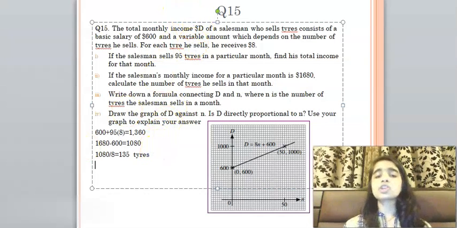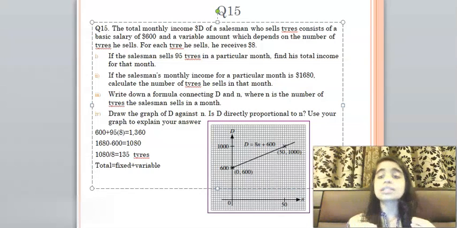So I already told you one thing, that the total income will always equal fixed plus variable. Now, what is fixed? Fixed is 600. That is a constant. Okay? So in place of total, I will write D is equal to 600.